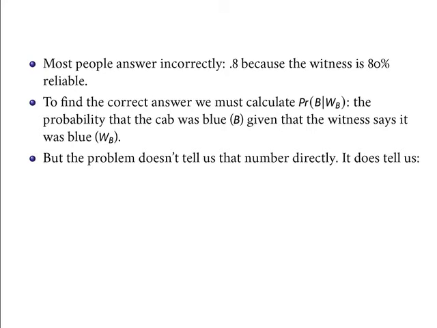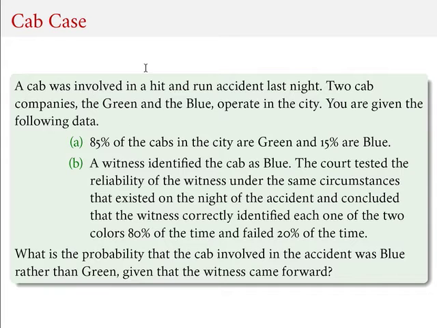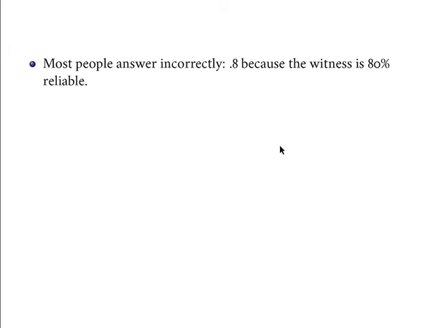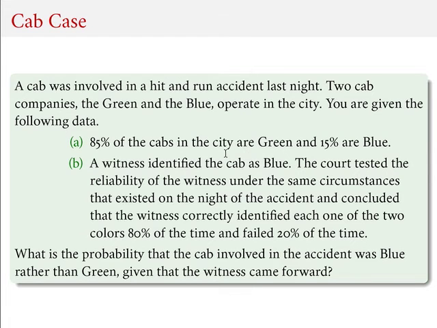And what you have to note is that the problem here, this setup, does not tell us this number directly. We are not told directly what the probability of blue is, given that the witness said so.